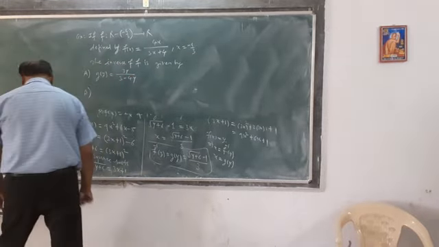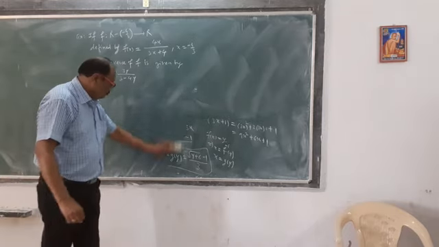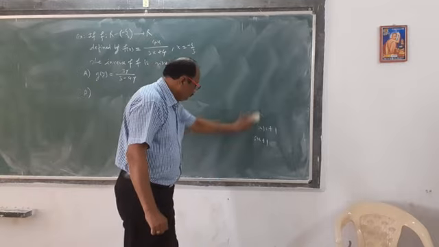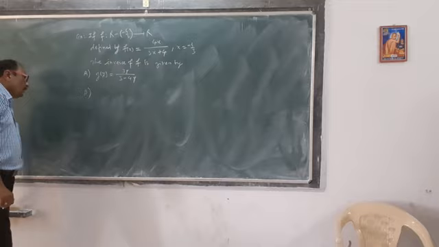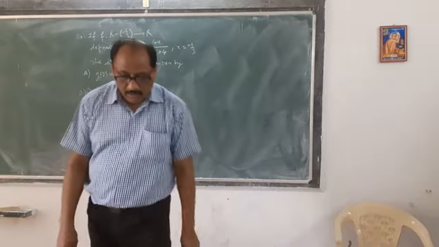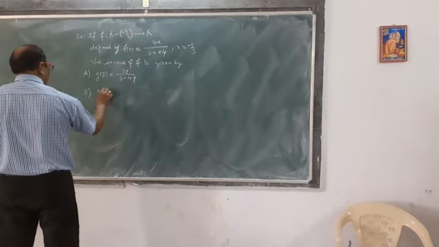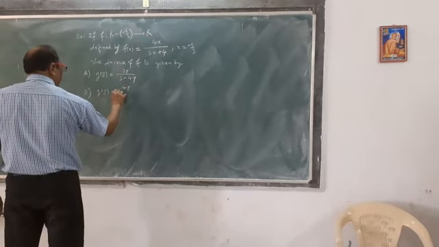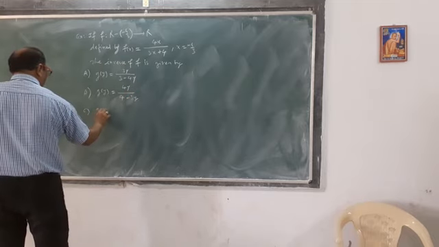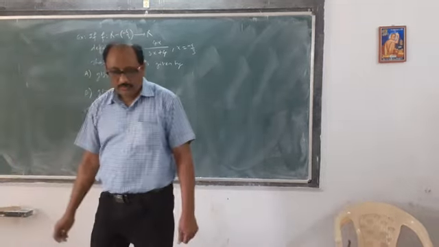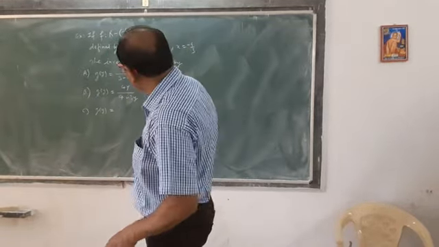Second option, g of y is equal to 4y upon 4 minus 3y.